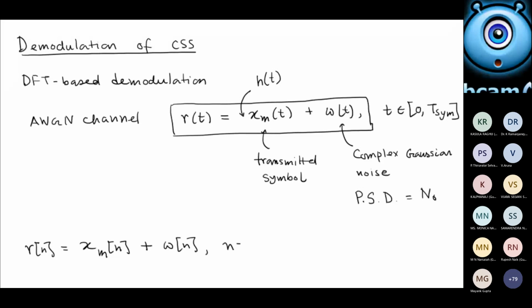And we had already seen that the time index n takes on a total of M values, 0, 1 to M minus 1.